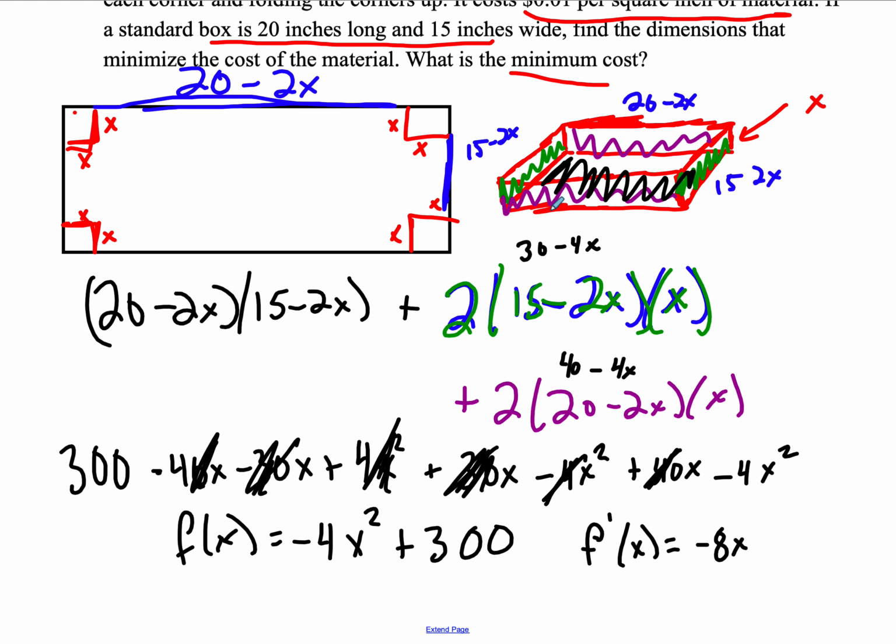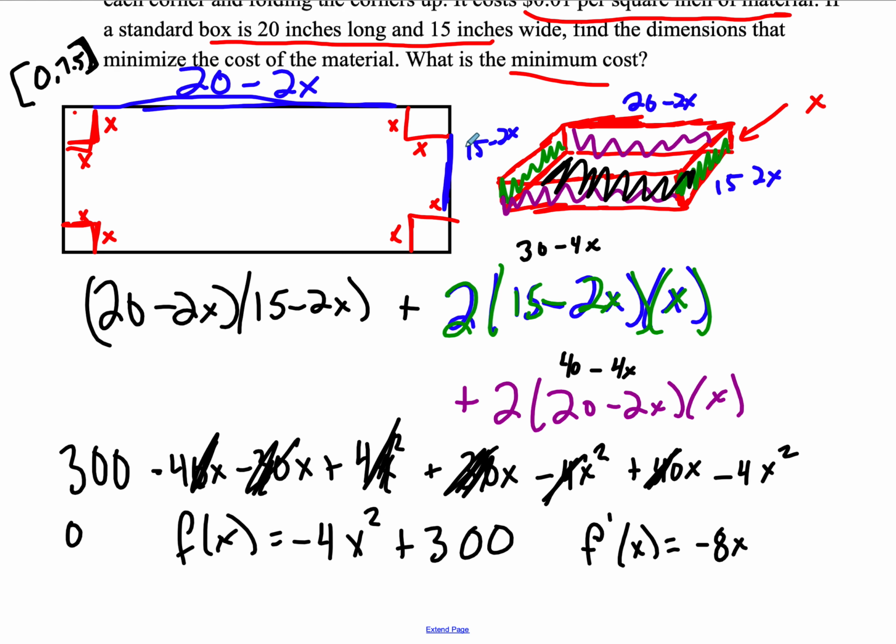What you end up getting is your critical number, which is 0. Then you also know that x has to be at least 0 for context, and it's got to be no more than 7.5, because if it's more than 7.5, this becomes 0.